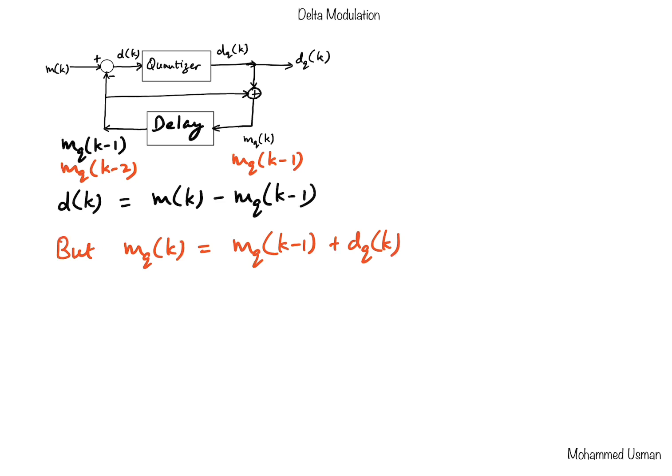Now we can go back one step. mq[k-1] would be mq[k-2] plus dq[k-1]. We are just taking k one sample time backwards.